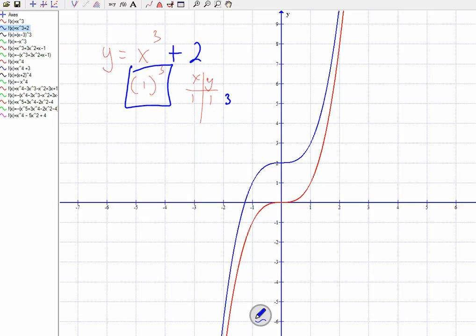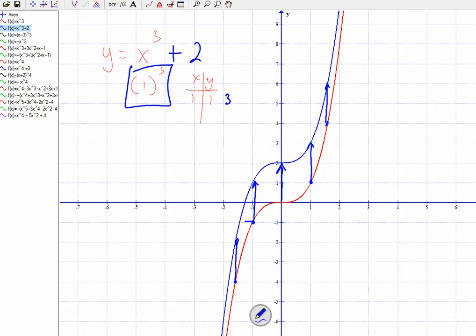So look, take this point. Isn't that one 2 higher? Take this point. Isn't that one 2 higher? I'm trying to do the obvious ones. Take this point. Isn't that one 2 higher? And honestly, no matter where you go, that one is actually 2 higher. Any point that may not look like it, but the next one is 2 higher.